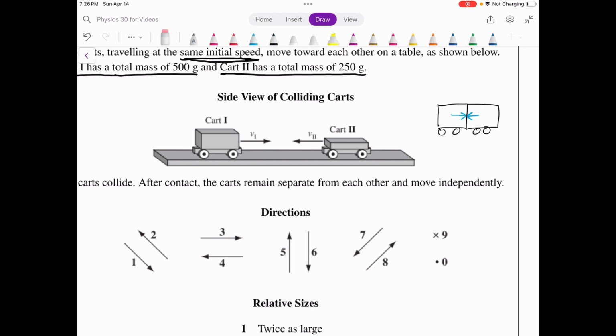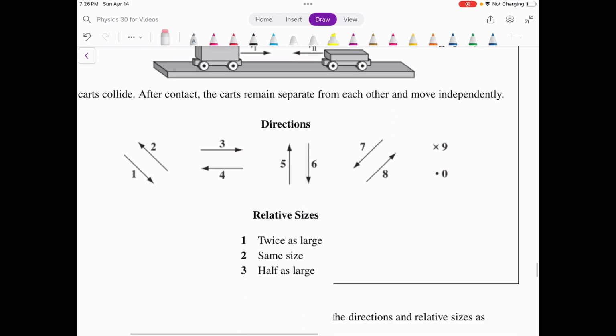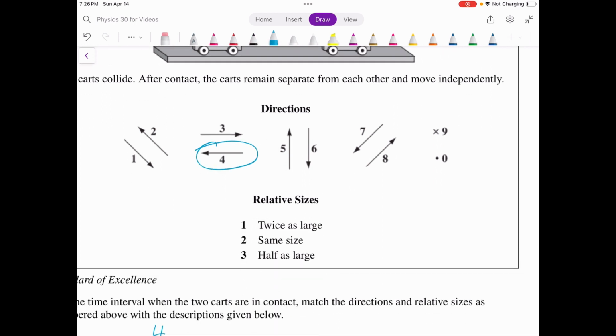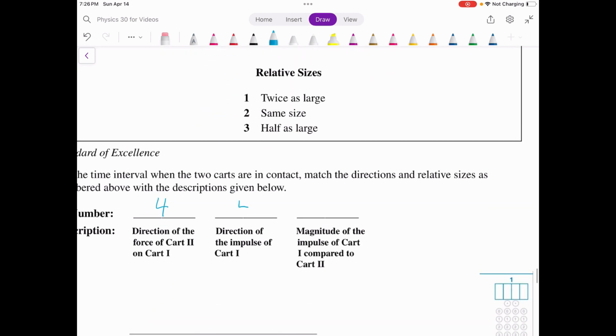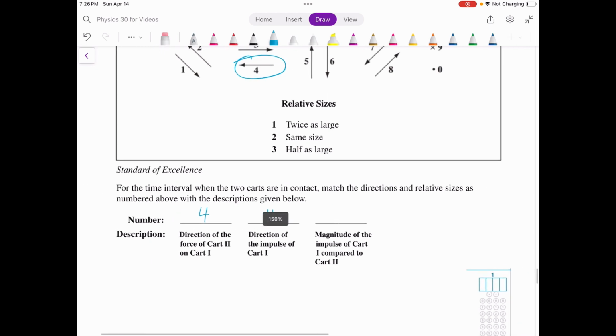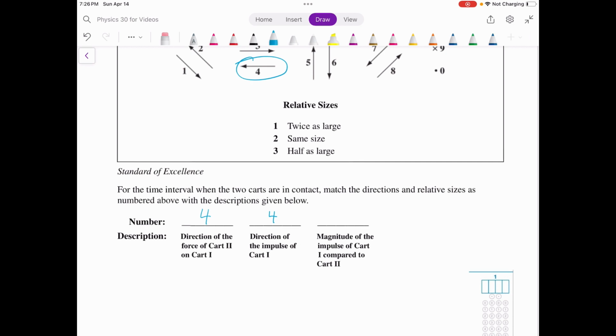But either way, that's a leftward impulse. We're taking away some of its rightward momentum. So how will cart 1's momentum change if it's pushed to the left? Its momentum will also change to the left. It might not actually end up moving to the left, but its impulse will be to the left either way, whether that means it's now going to the right and a bit slower, or if it was a big enough impulse to actually change its direction of travel altogether. Either way, that's an impulse to the left.